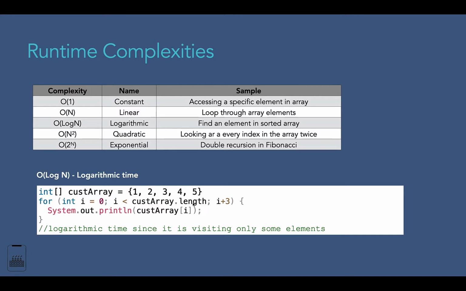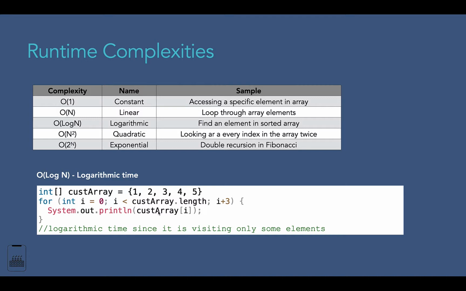It should also be noted that since our function does not pass through all indices of the array, it will not be linear time. By using the loop, we start from the first element, which is index 0, and we loop until we reach the length of the array. But here, we are visiting every third element, not all of them. So that's why the time complexity in this case is going to be logarithmic.